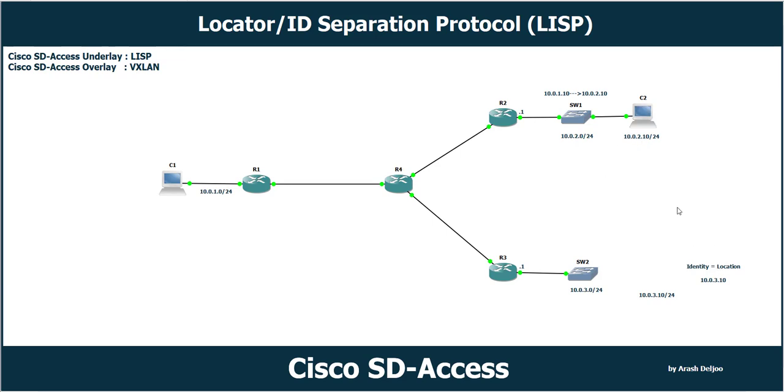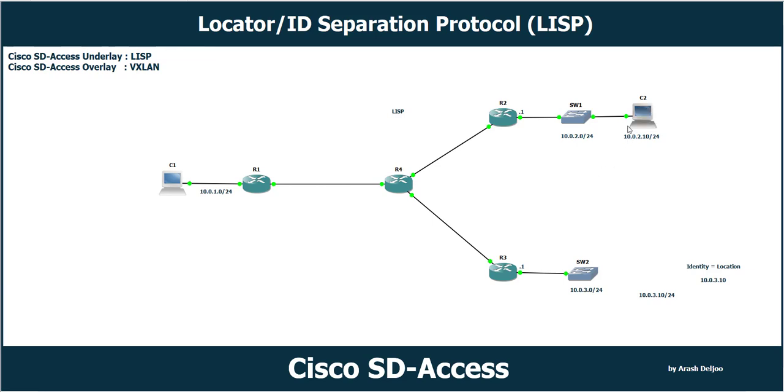And everything is the same as the previous example. But this time, I want to enable LISP. When we enable LISP, without talking about the details of it, we have a separation between the locator and the ID. We have two namespaces.